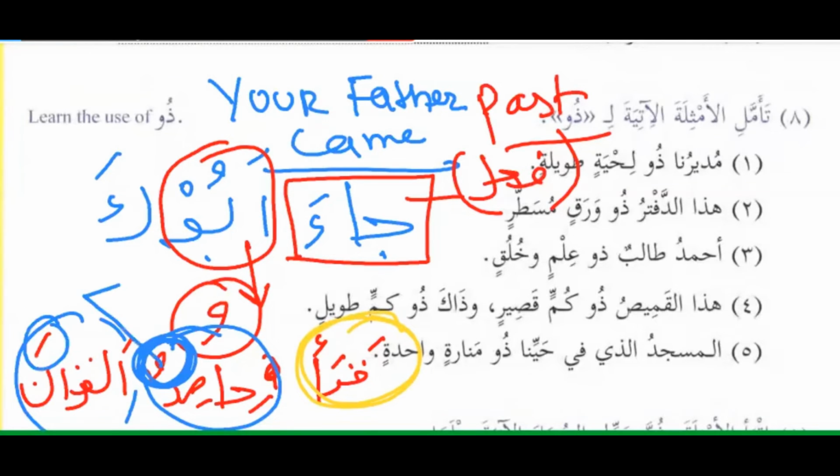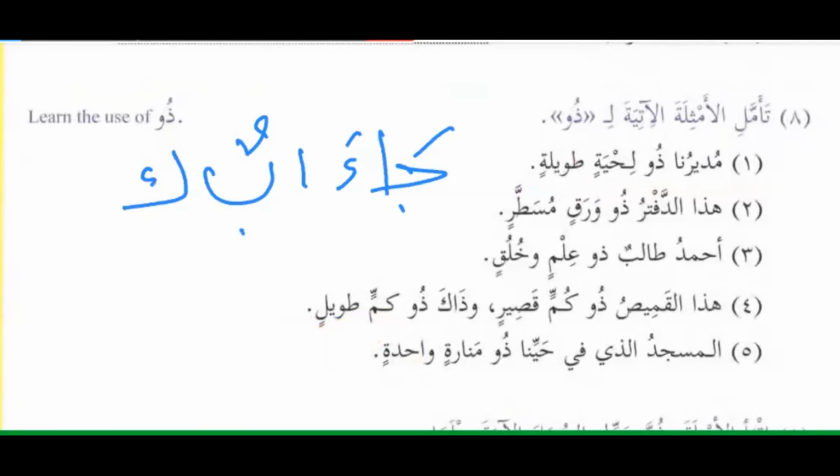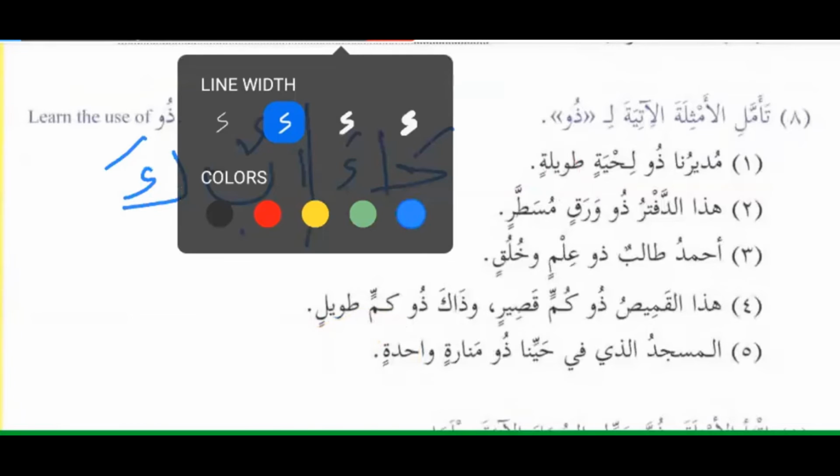Now this dhamma is replaced by waw in abu. I should have written ja'a abun ka. But we don't write abun.